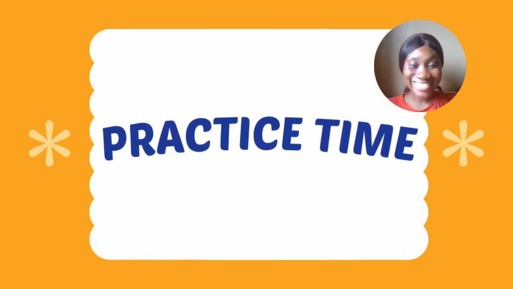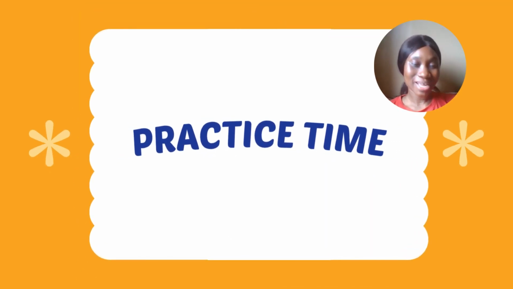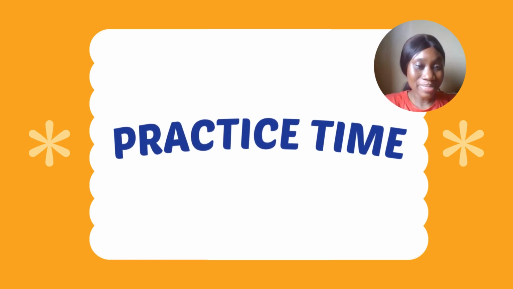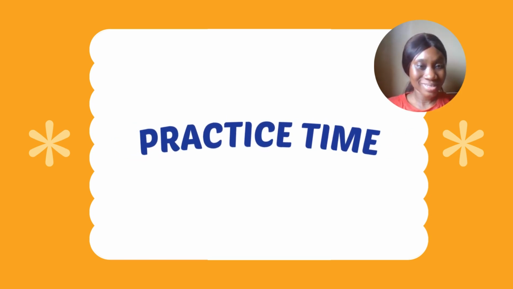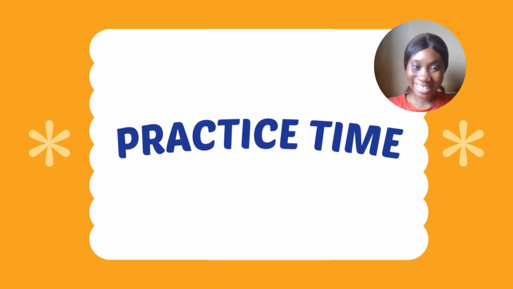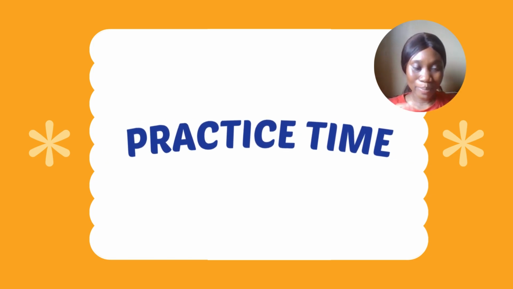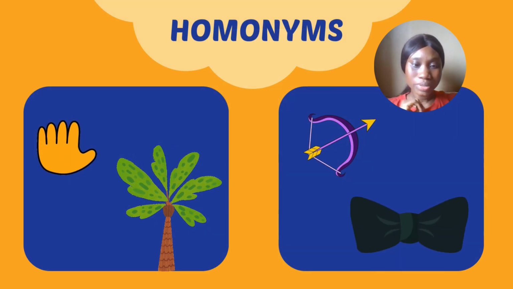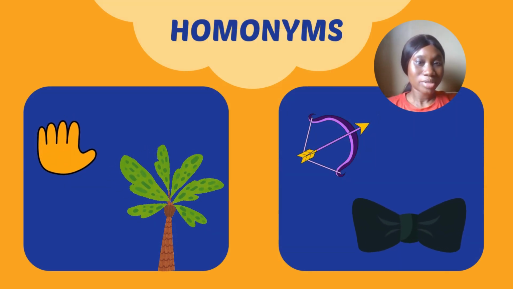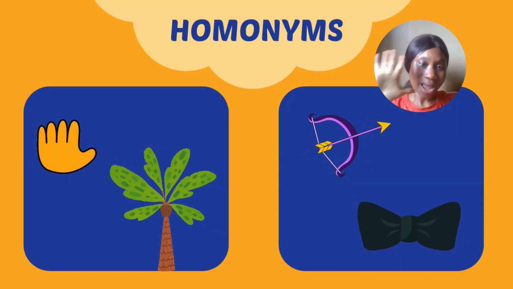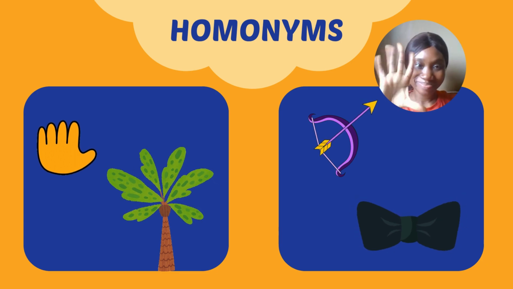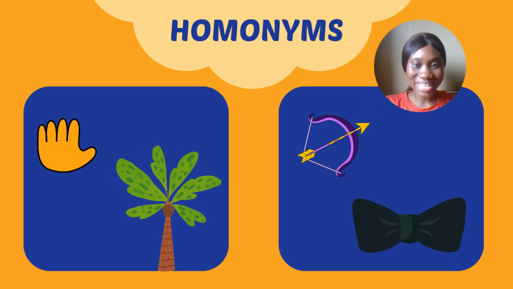Okay, so practice time. I want to see if we can now differentiate between homonyms and homophones. Again, homonyms are same name, different meaning. Homophones, same sound, different spelling. Let's see if we can identify. This is homonyms. I have this picture over here, and I have that tree.